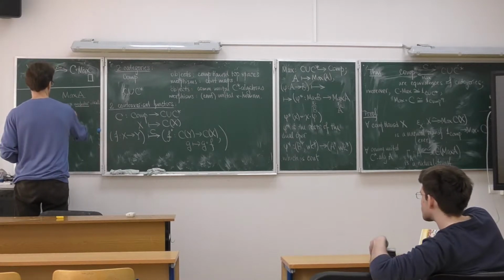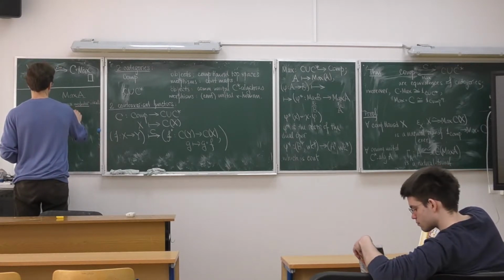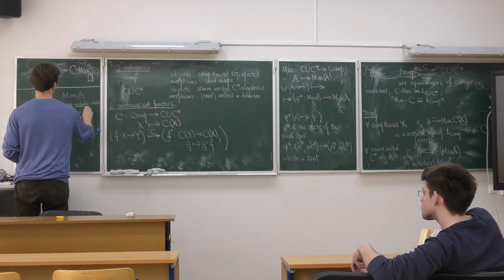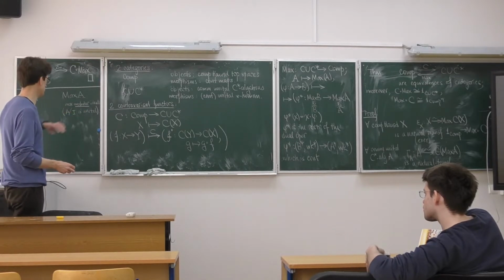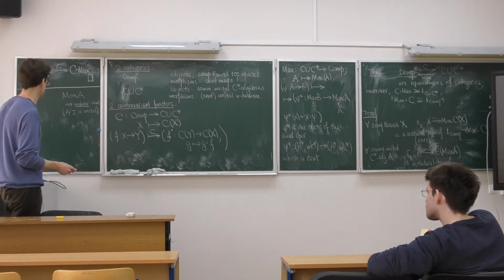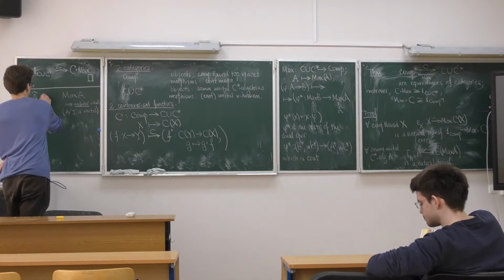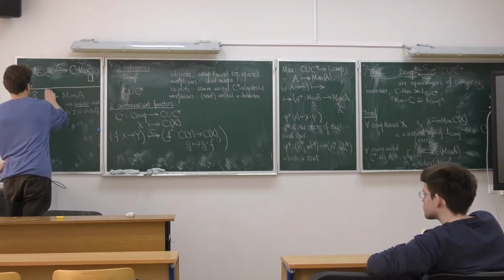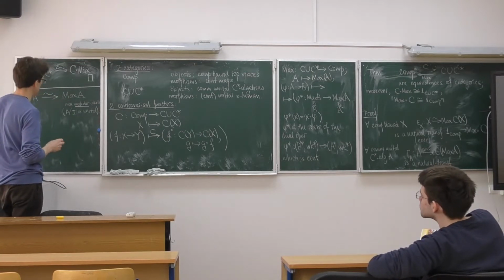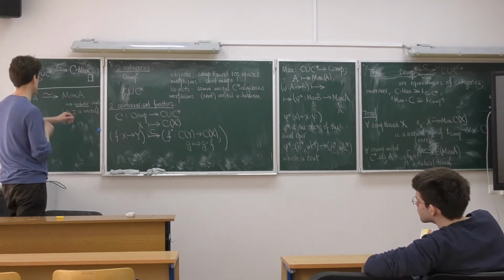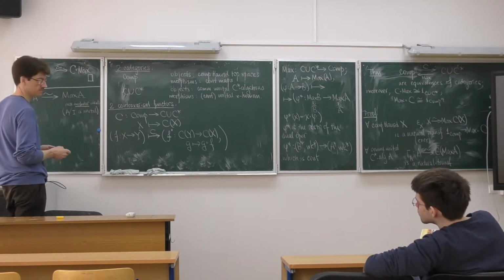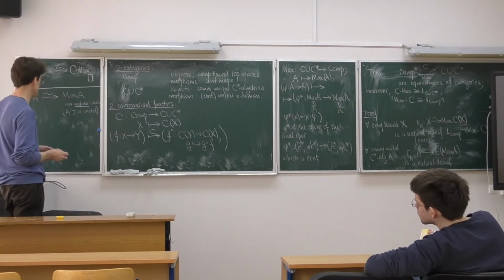Modular means that the quotient of A modulo such an ideal is unital. It turns out that if A is non-unital, then we should consider only modular ideals. And we still have a bijection between A hat, the set of characters, and the maximal spectrum, the set of all maximal modular ideals. This is true for any commutative Banach algebra, not necessarily unital.